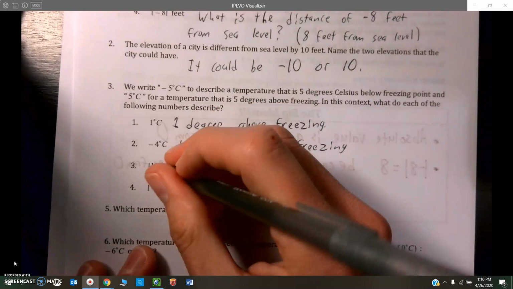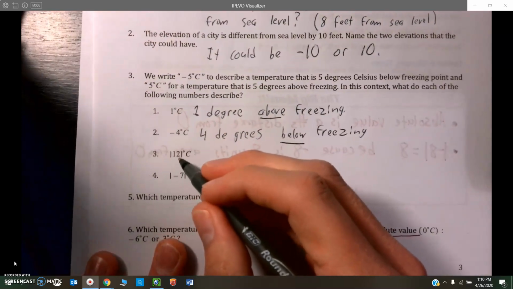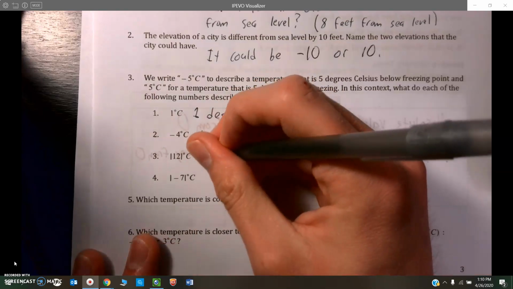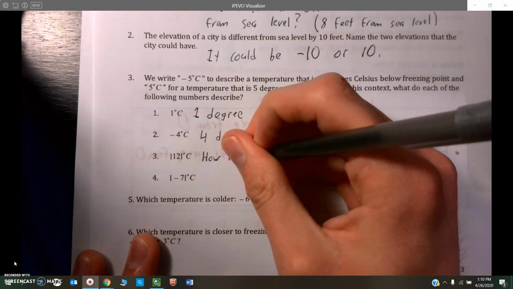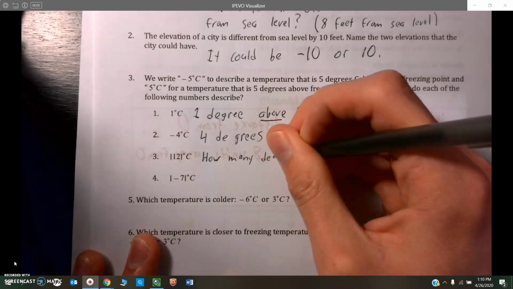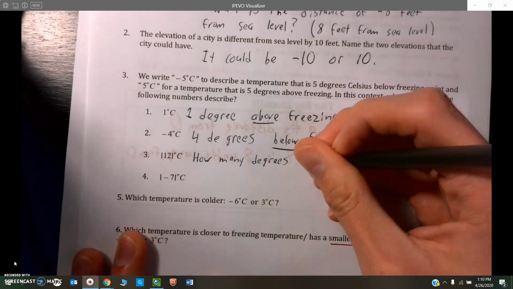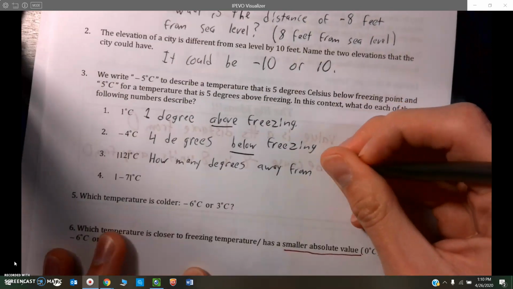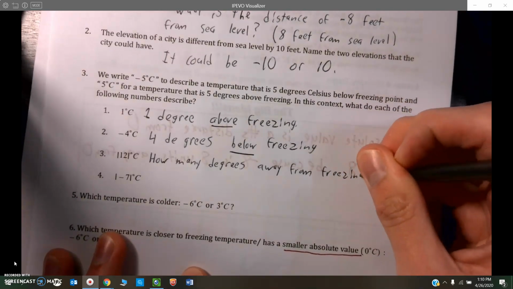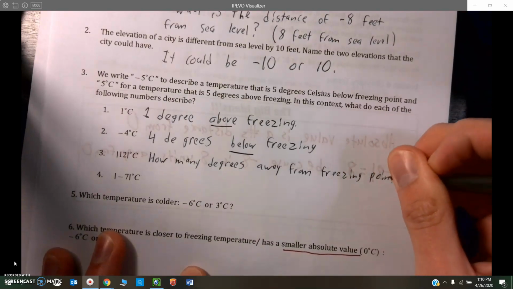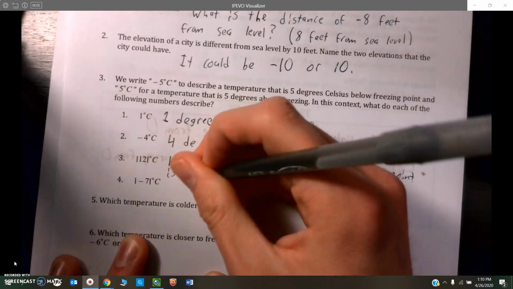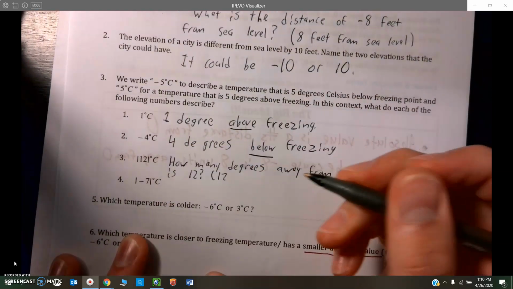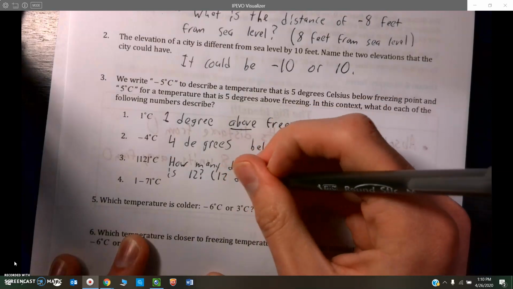Because it's negative, it's below, and positive is above. Now here we have absolute value of 12. How many degrees away from freezing point is 12 degrees? It's 12 degrees away.